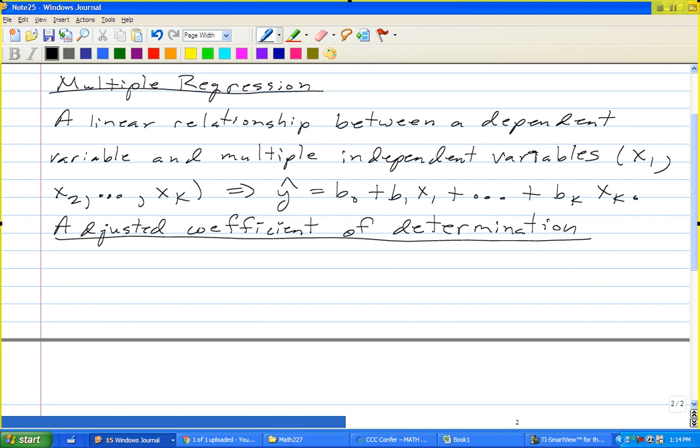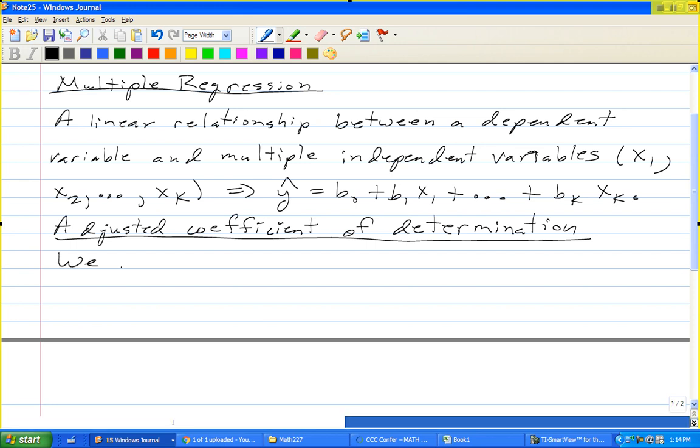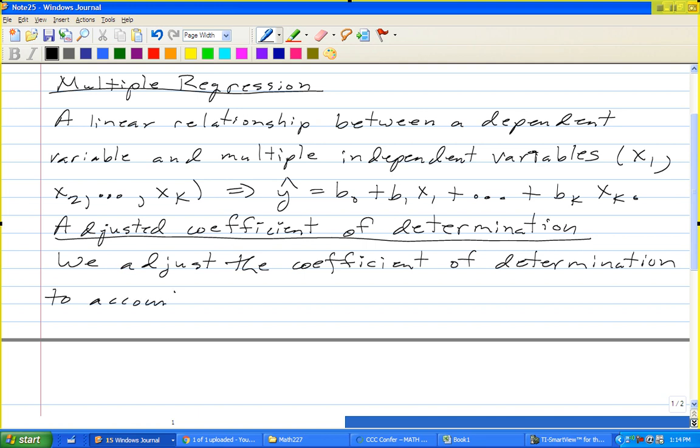So in this, we adjust the coefficient of determination to account for the number of variables and for the sample size.